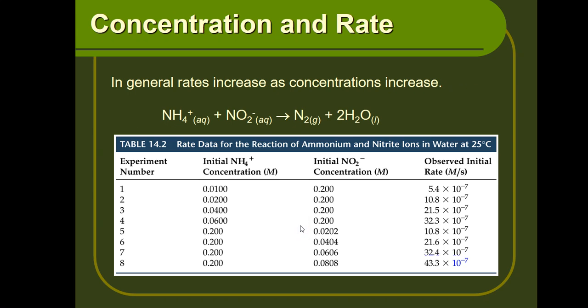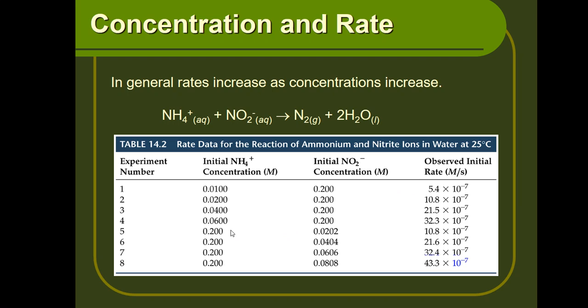Now, we have here an example of the ammonium concentration and the nitrite ion concentration in water. So, the reaction is given on top, and you have here the experiment that monitored the corresponding changes in concentration of one as observed against the initial rate of reaction.